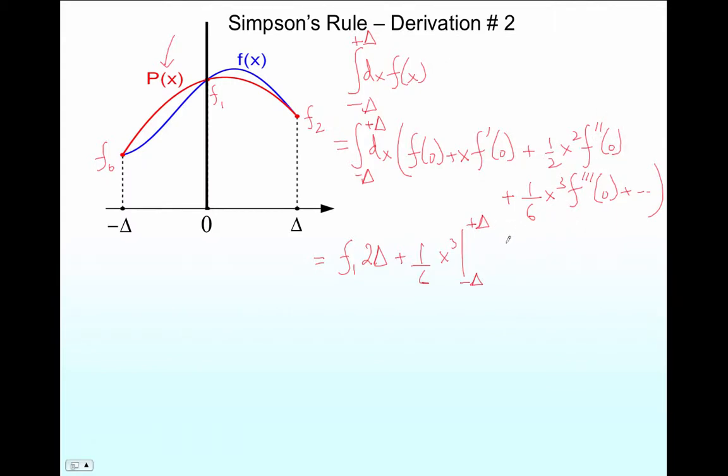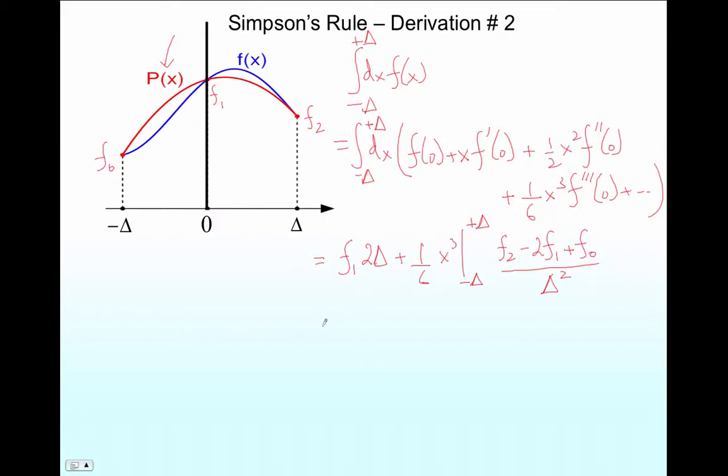But what is f double prime at 0? Remember that this is f2 minus 2f1 plus f0 divided by delta squared. That's what we had found when we looked at the second derivative on the grid.